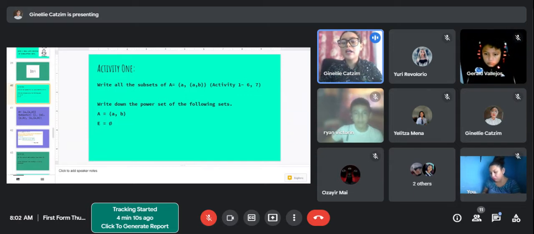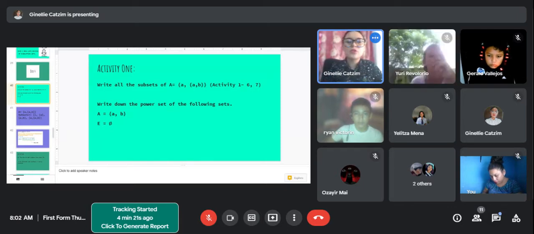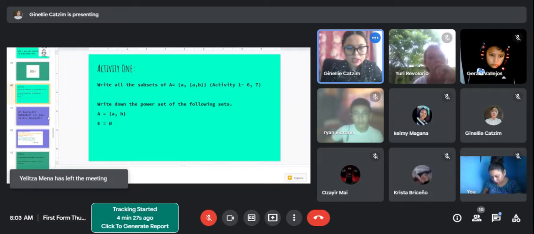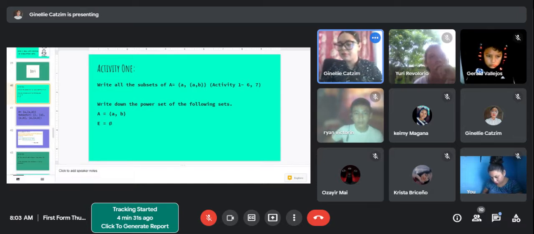So because we are doing subsets, we are to write all the subsets of set A. Anyone has an idea how to write a subset? How will we find the subset of set A? Anyone knows what could be a possible subset?